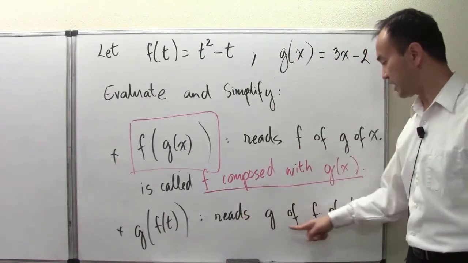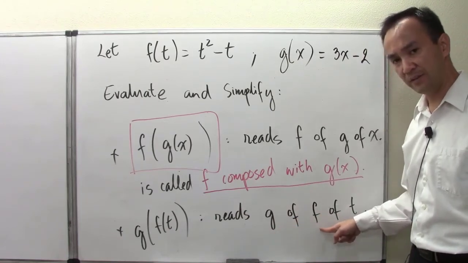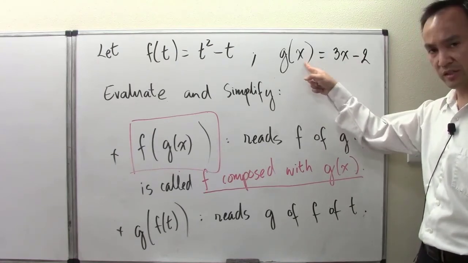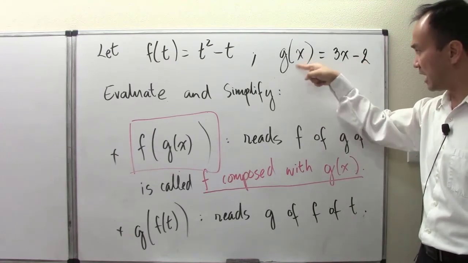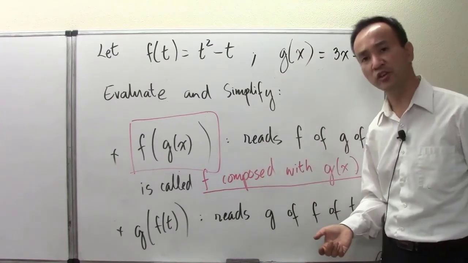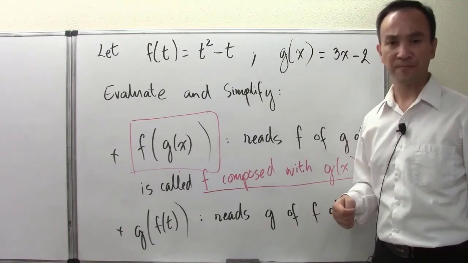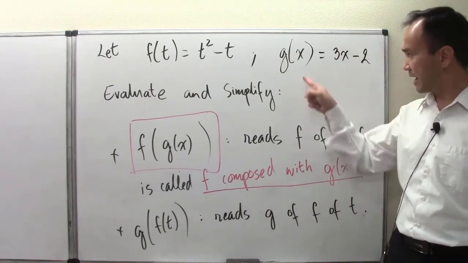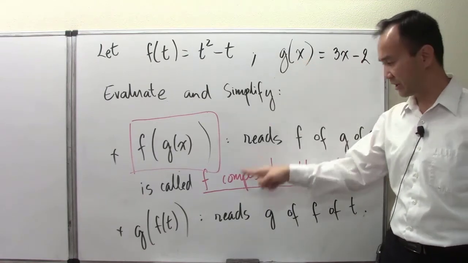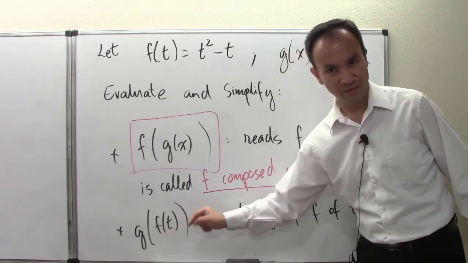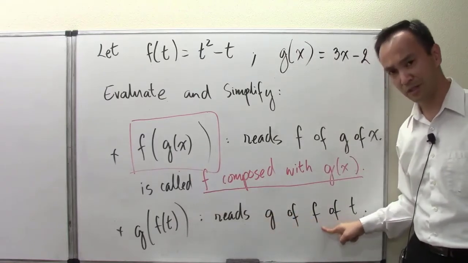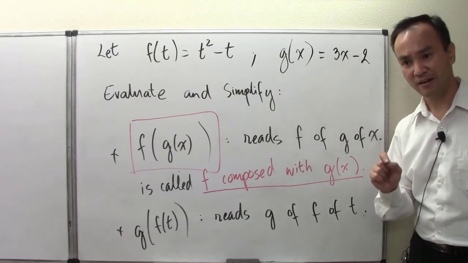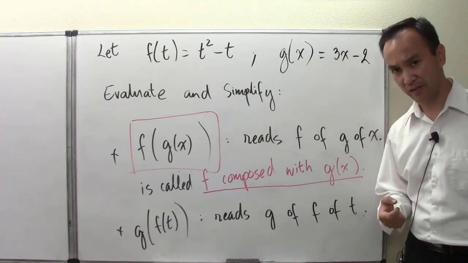So the whole thing reads g of f of t. Just like with a single x, it's g of x, because that's the standard function notation we're learning to read, and anyone viewing this video should already be familiar with it. Here, instead of x, it's f of t. So g of, but not x, g of f of t. That's how we read that symbol.